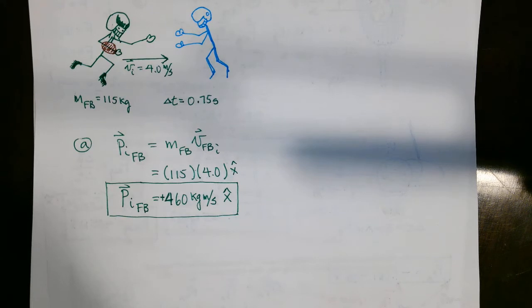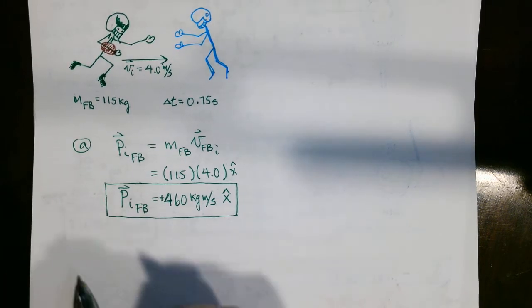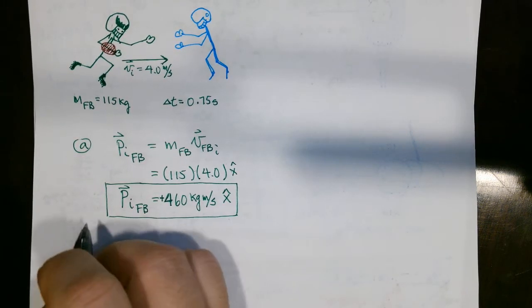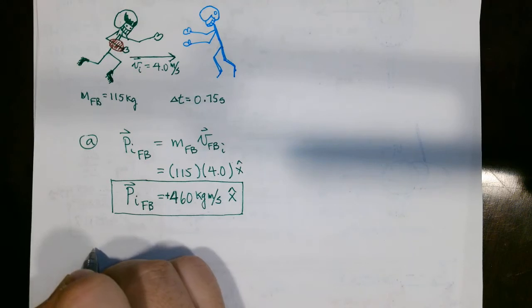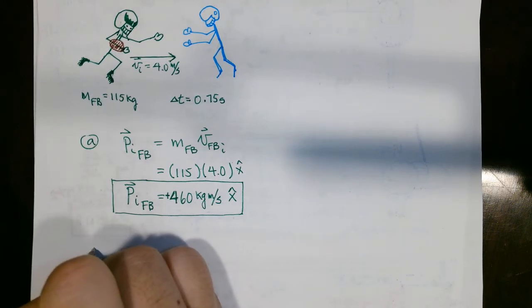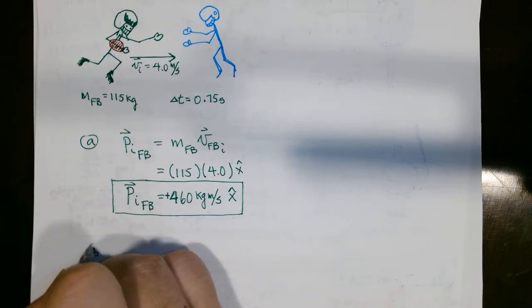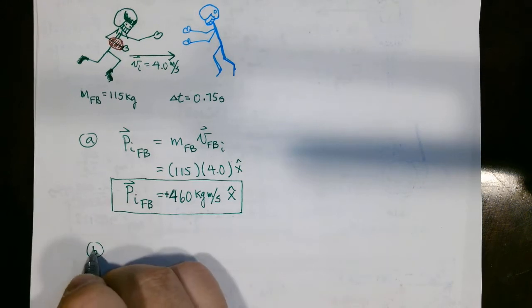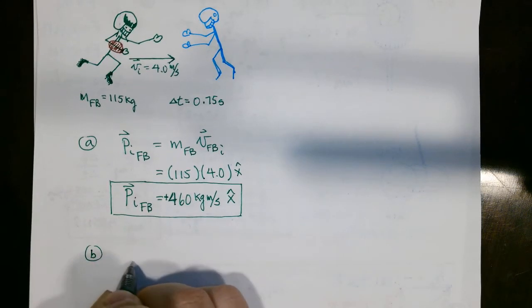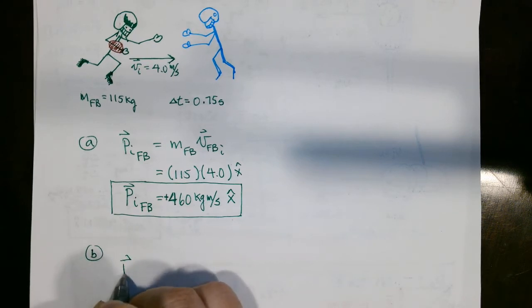All right, what about part B? The impulse exerted on the fullback. Impulse is basically the change in momentum.